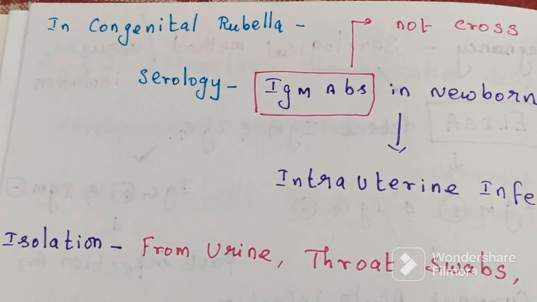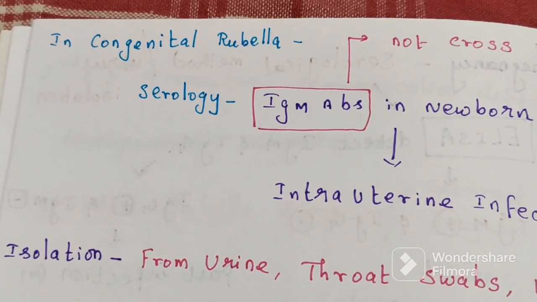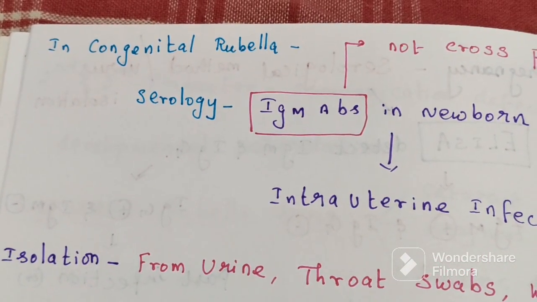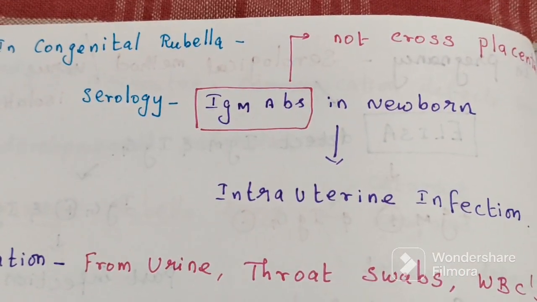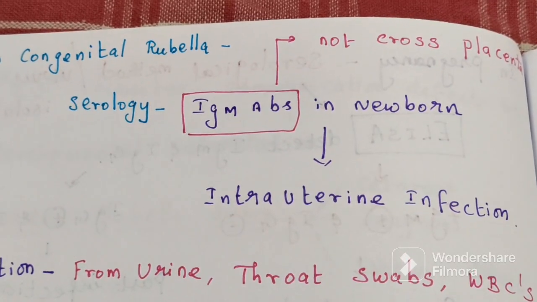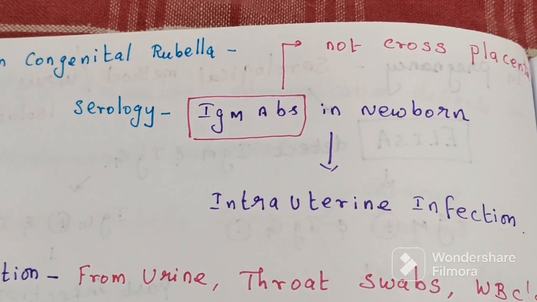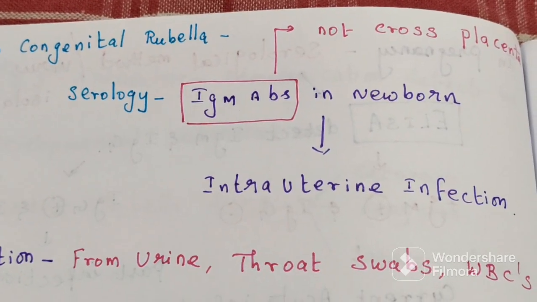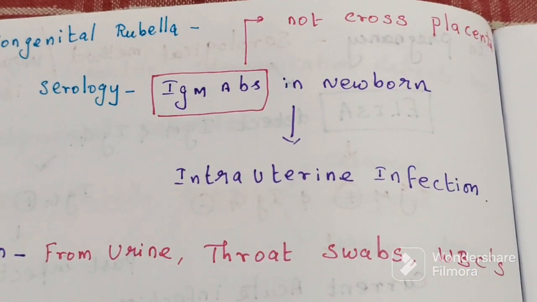In case of congenital rubella, laboratory diagnosis by serology includes detection of IgM antibodies in the newborn. The presence of IgM antibody indicates intrauterine infection.